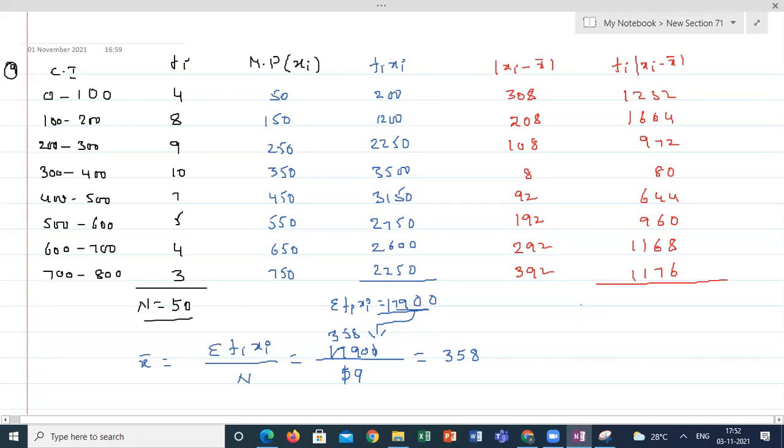Please let me know the summation of i equals 1 to n, fi into all the deviations about the mean.